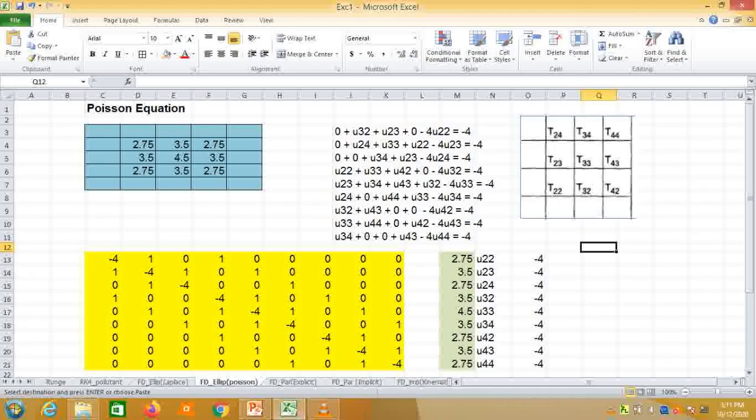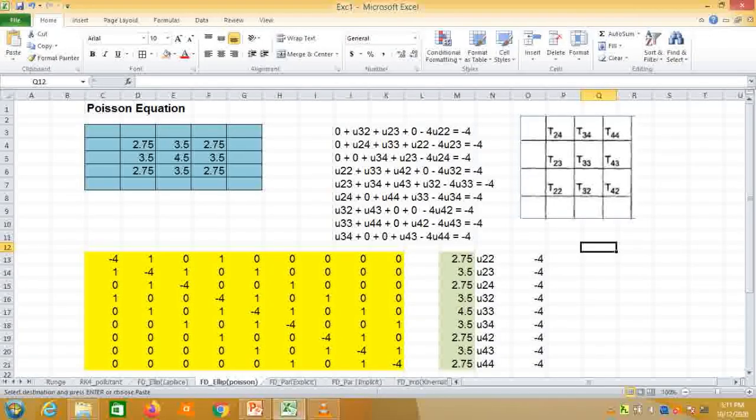So using that value, for node U22 in this specific case, we have 0 plus U32 plus U23 plus 0 minus 4 times U22 is equal to -4. Then for node 23, the surrounding nodes give 0 plus U33 plus U24 plus U22 minus 4 times U23.